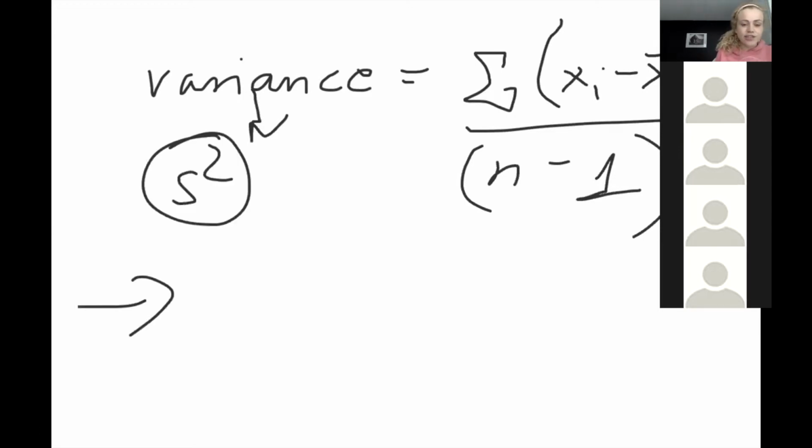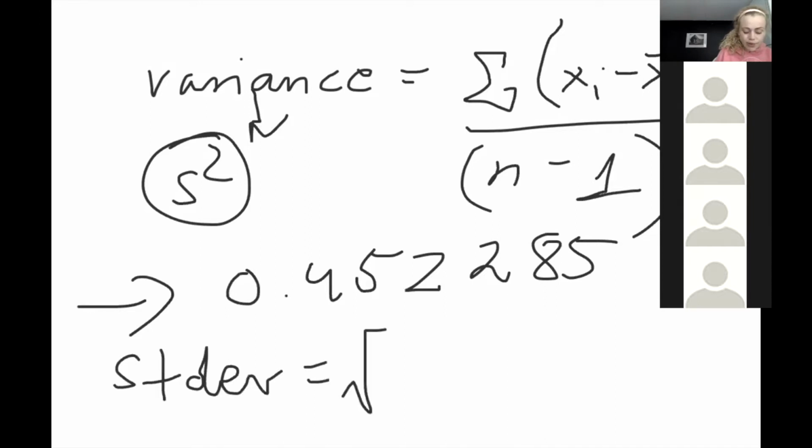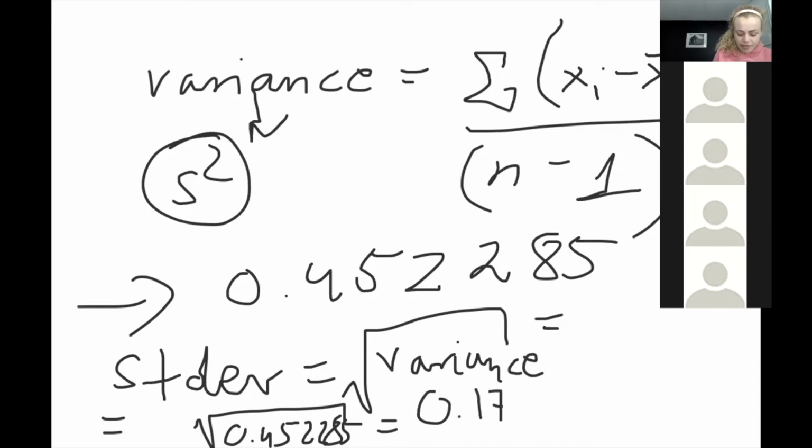And this should give you the number 0.452285. And then the standard deviation will be simply the square root of the variance. So it will be the square root of 0.452285, which will equal 0.175. It will be approximately this number.